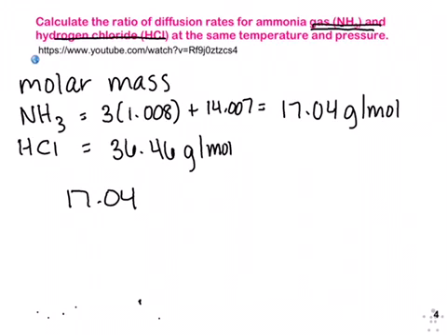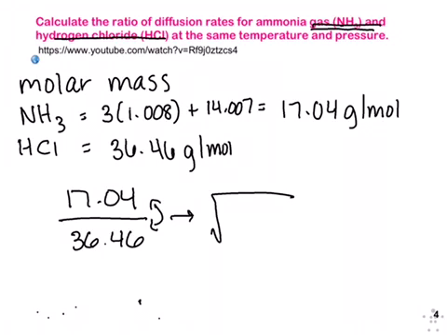And then hydrogen chloride, which is 36.46. But then with Graham's law, it says the inverse. So what do we have to do once we set up the ratio? Flip it. So once you apply Graham's law, it's the square root of the inverse.